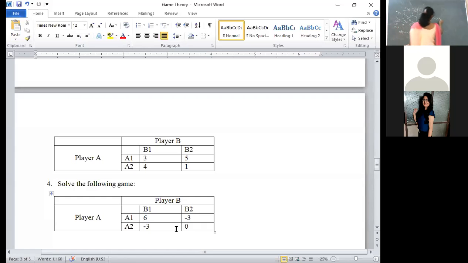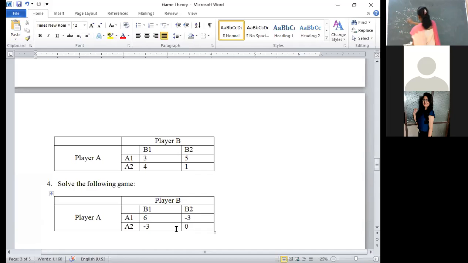A11 into A22. Whatever small letters A11 I wrote, these are nothing but the expected payoff for strategy A1 and B1. A12 is the expected payoff for A1, B2. A21 is the expected payoff for A2, B1. A22 is the expected payoff for A2, B2.